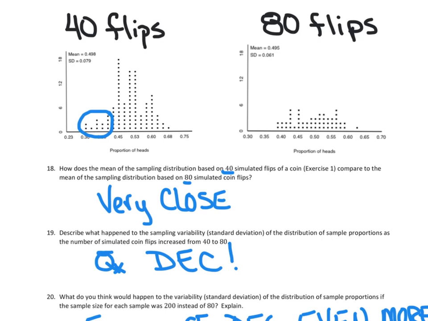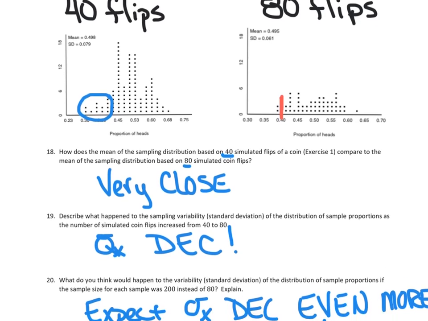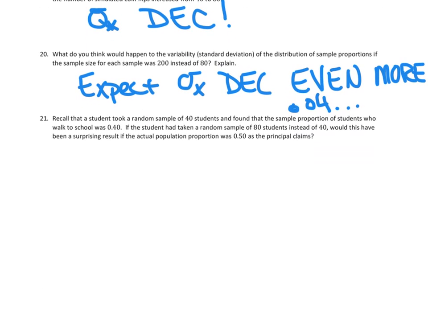But when you compare it over here and you see where the 0.4 is, and you see how it's closer to the left edge, now it gets harder to buy the fact that 40% of the students walked if the true percentage was 50. So we're saying, you know what? By golly, it actually is pretty surprising.